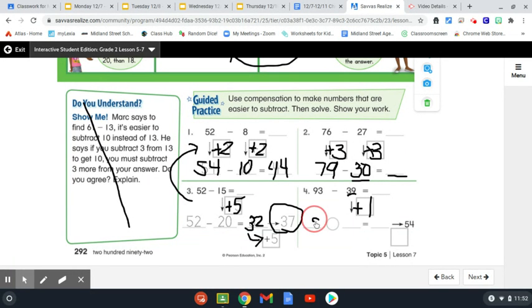93. So I just take this number up here. 93 take away 40. 9 take away 4. 9, 8, 7, 6, 5. Don't forget that 3. Go ahead.